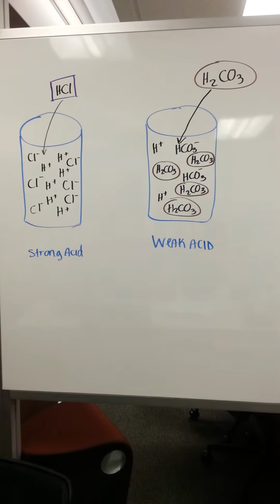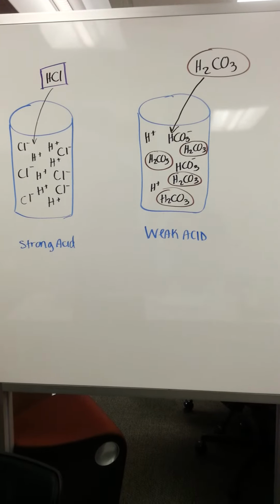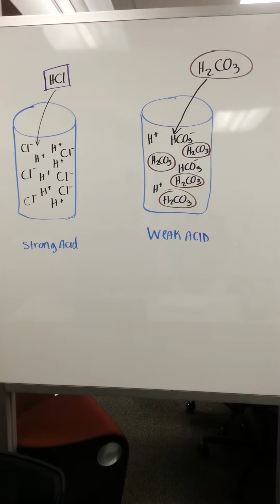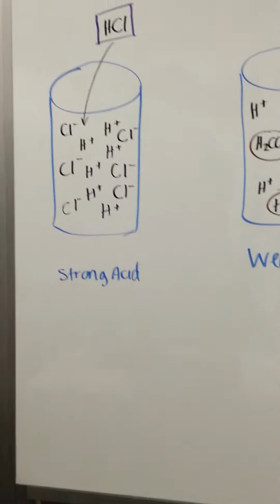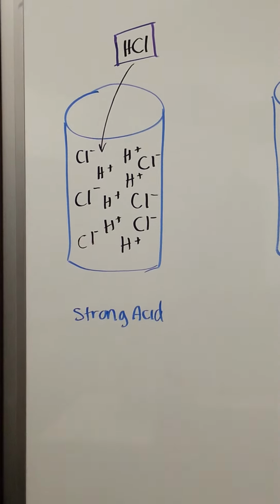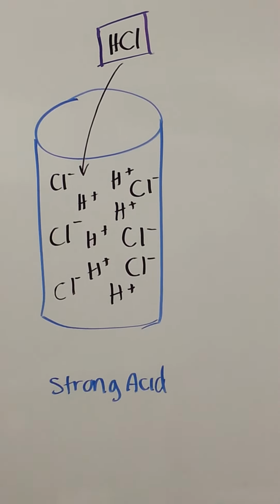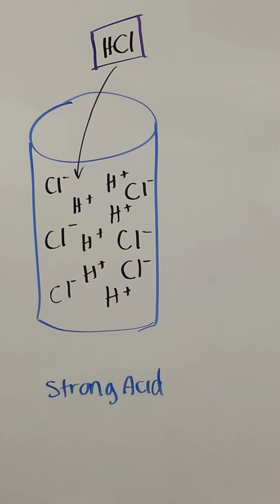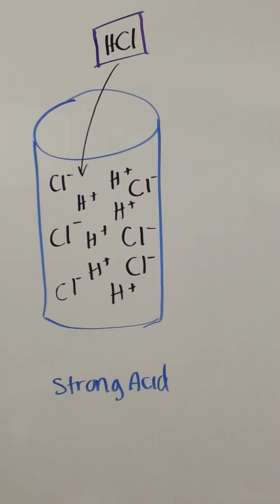As you can see here, I have 2 cups of water, one of strong acid and one of weak acid. We are going to focus on the strong acid first. Strong acids dissociate completely in water and can dramatically affect the pH.